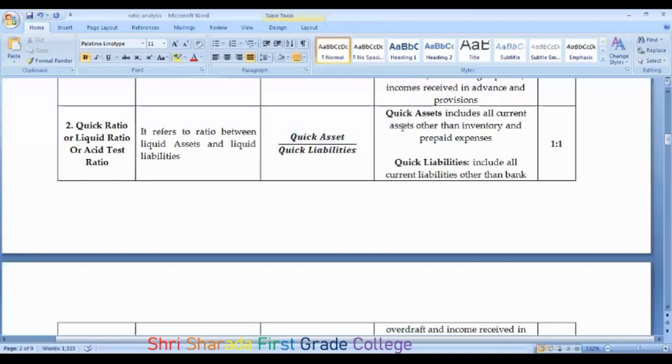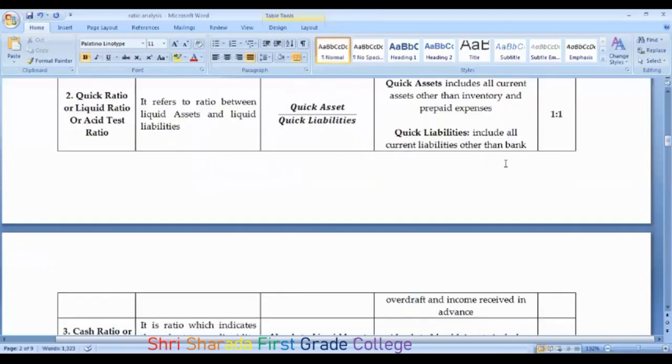And what does the quick liability include? Quick liability includes all the current liability except the bank overdraft and any income received in advance, which is not going to be included under the quick liability. Clear?